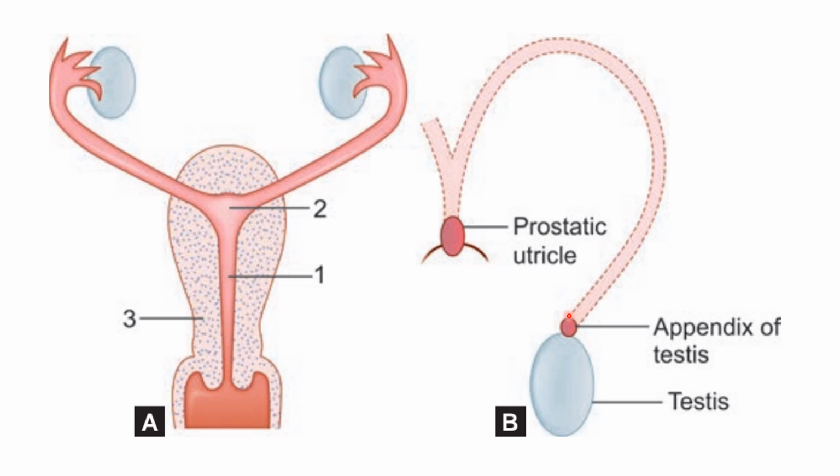Now generally we assume that the prostatic utricle represents the uterovaginal canal, and it is therefore a homologue of the uterus in male.